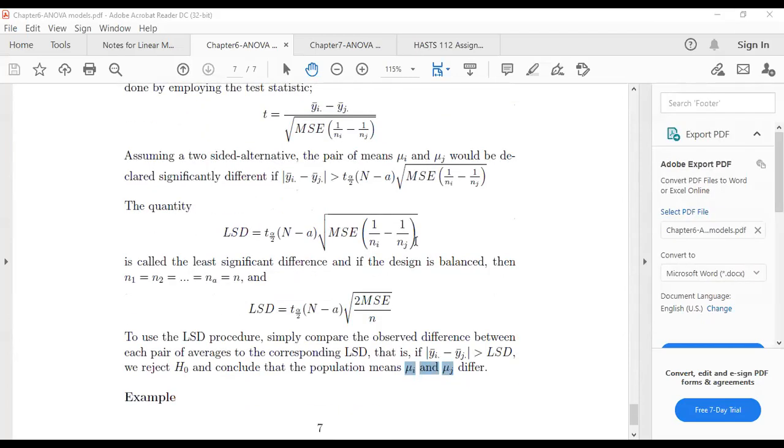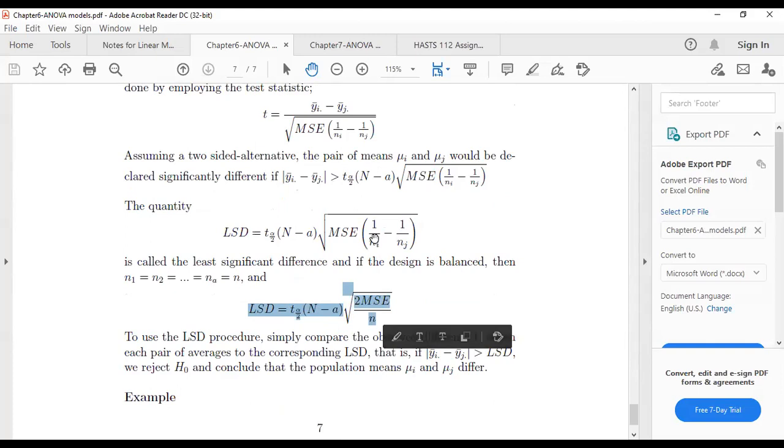Right, what happens is that for the balanced model, the LSD doesn't change. Do you see what I violated? Yes, I violated something, right? That formula works for balanced design models.